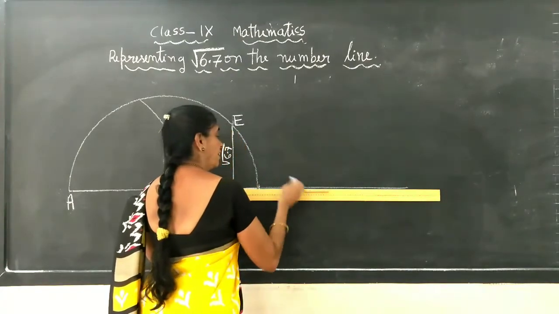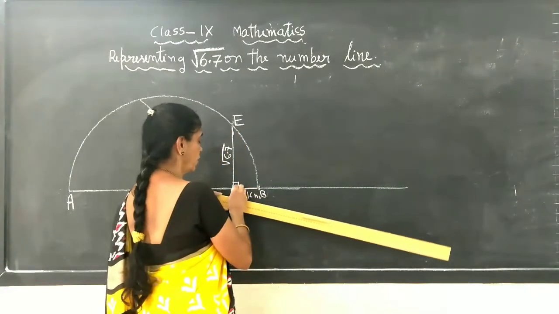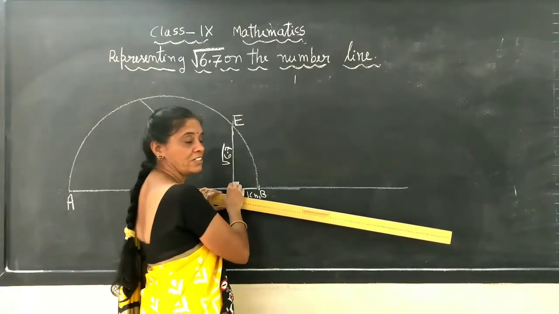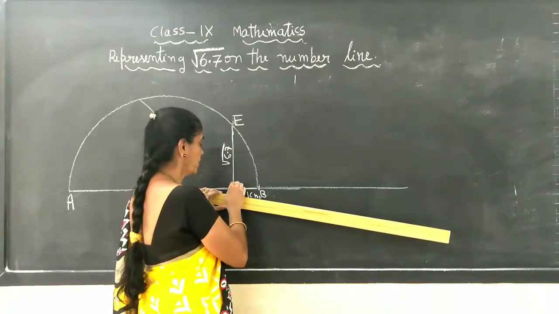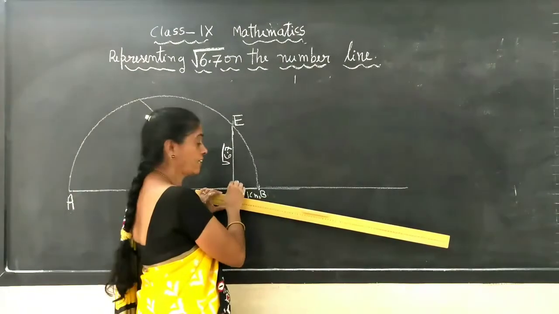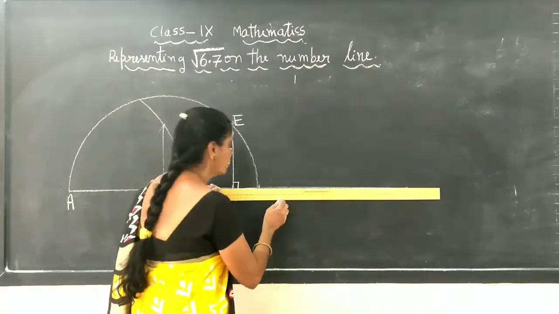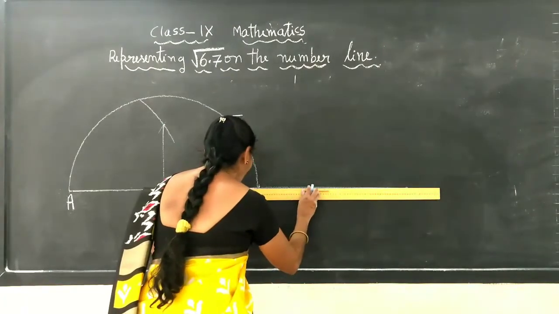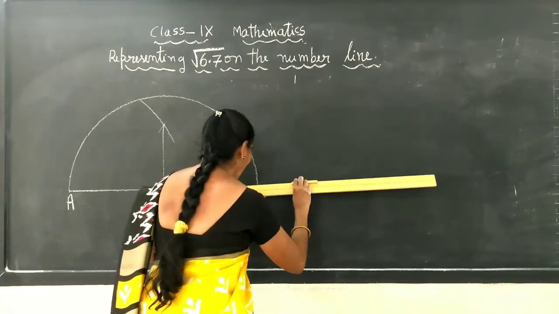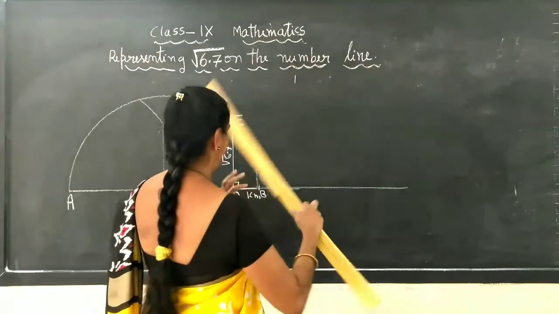Extend the line. And this is the 0 I wrote for your convenience, because this is our starting point on the number line, 0. This is OB, 1 we marked here, 1. So 1 unit we will mark now. Here the measurement will take.